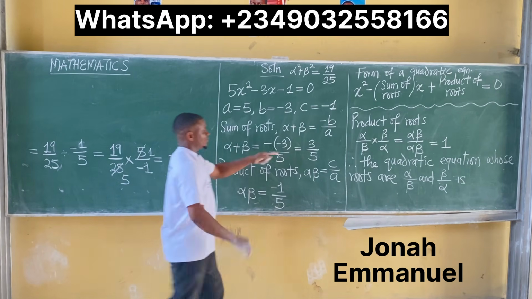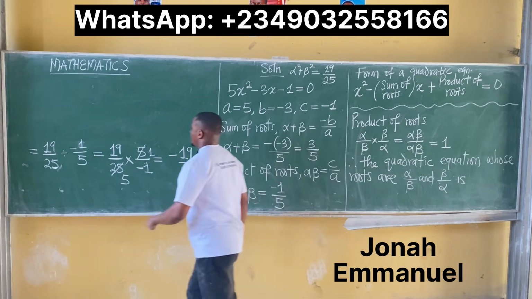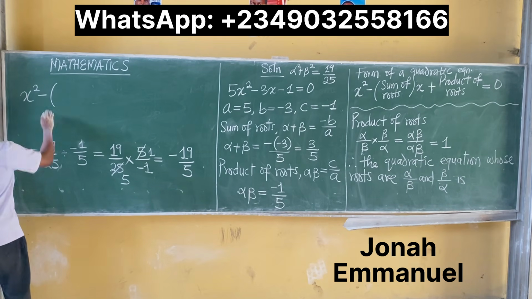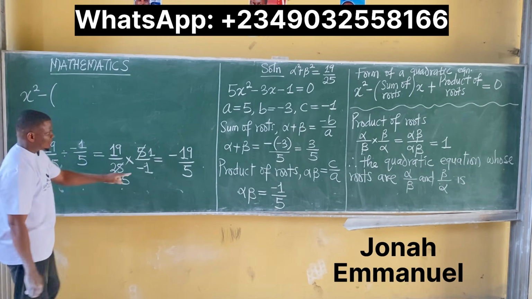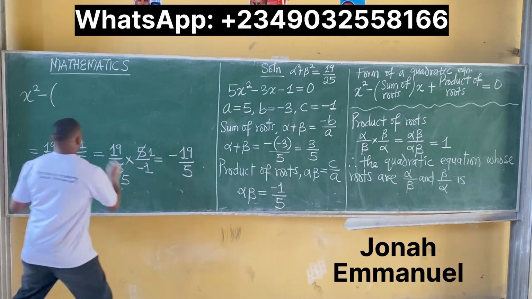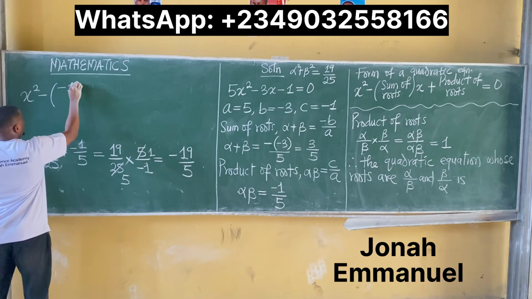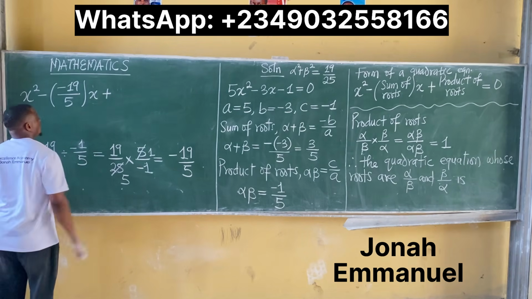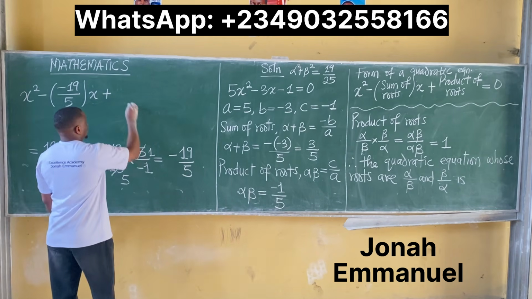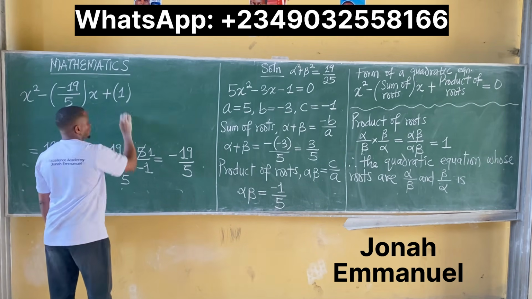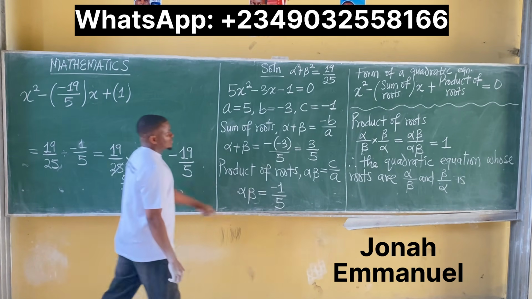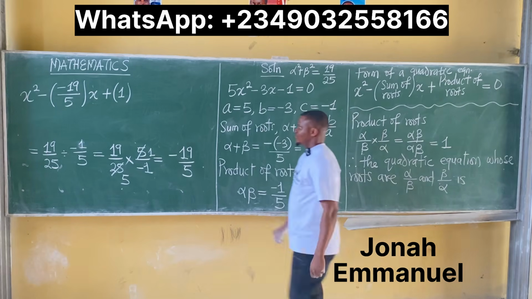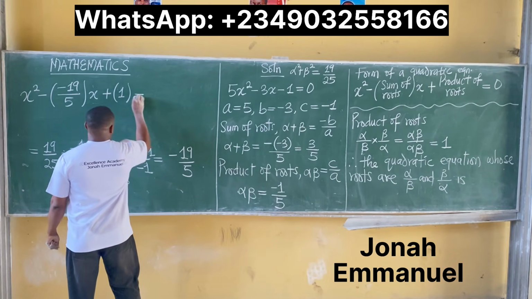See, the form here is x squared minus sum of roots x. We got the sum of roots as this. So minus 19 over 5 x plus product of roots. We got the product there as 1. So plus 1, and this is equal to 0. So equate this to 0.